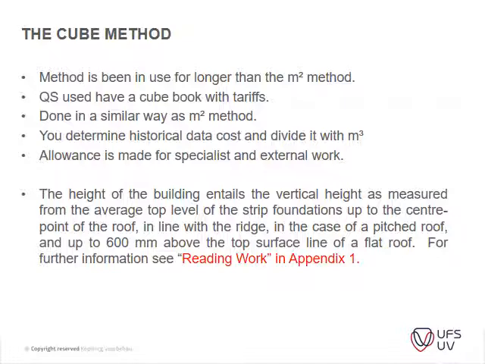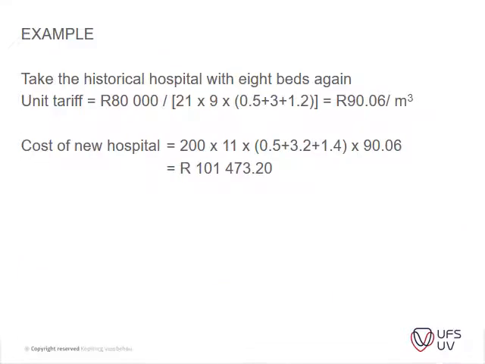You can go through that. Here's the formulas explained, and then you can look at the reading work in your appendix 1, and you will actually see how that formula works. And in the example, I also explained that. Okay, so you can have a look at this.